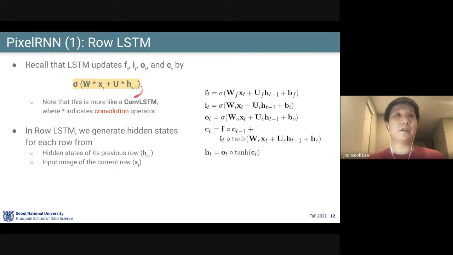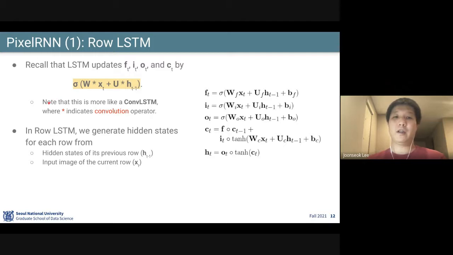Given the previous hidden states and the input values, they are multiplied with some linear trainable weights, and then go through some sigmoid function to generate the next hidden states and the output. I didn't write all the formulas for that, but this is how we update the hidden states.